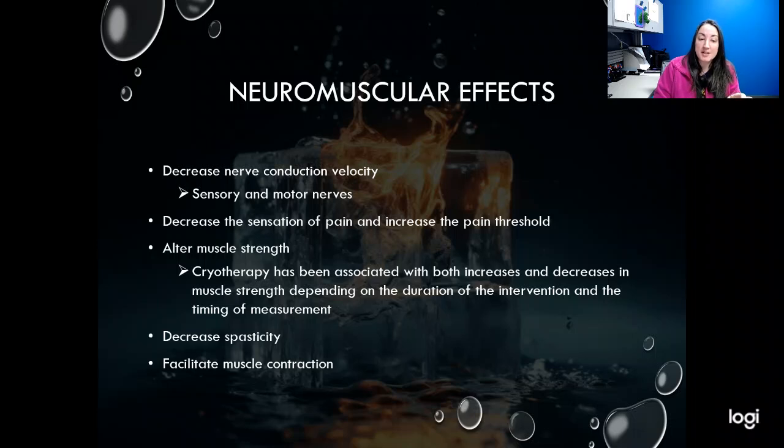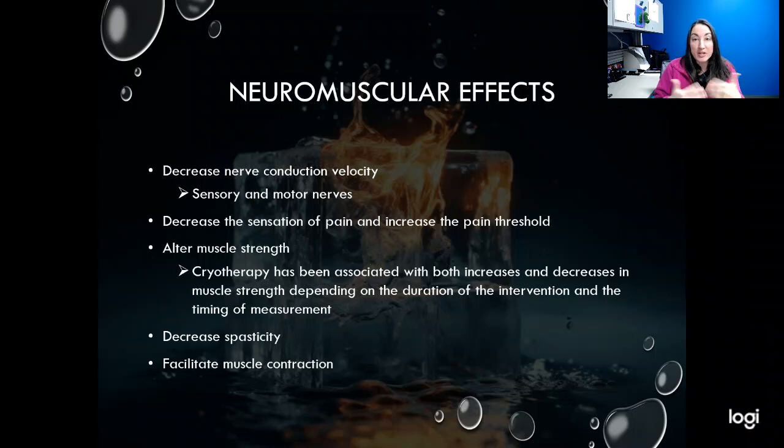So cold therapy has been associated with both increase and decrease in muscle strength, and it depends on the amount of time that you have the cold or the ice on the area, and then the length of time between taking it off and doing whatever measurement of strength.